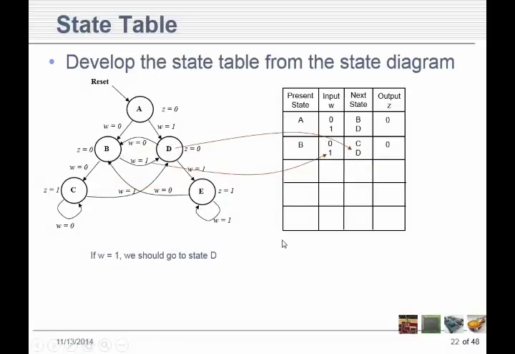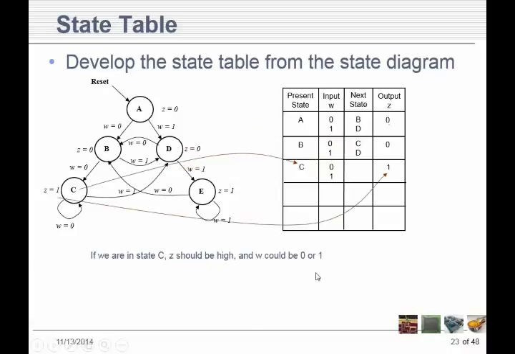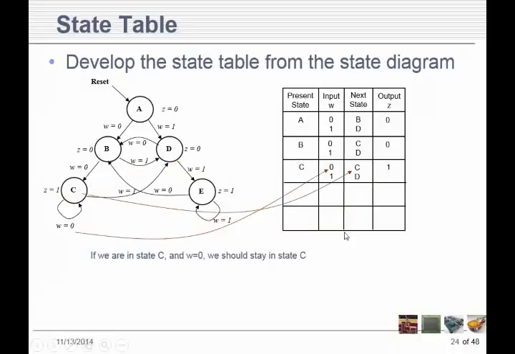Okay, shows that. Either way, output 0. C, we got state C, that's here, output's a 1. W can be 0 or 1. We can stay at state C or move over to state D. That's what this one's showing.